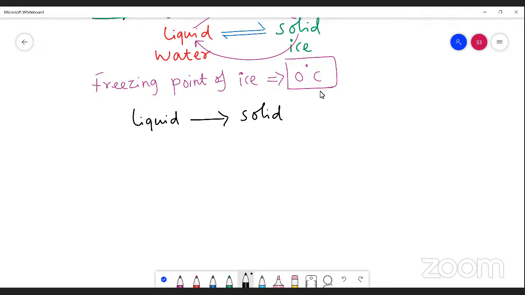Generally, that solvent freezes and is converted into a solid form. So how does this conversion happen? And what happens when you add a solute into the solvent? What happens to the freezing point? I am going to explain in terms of a graph.